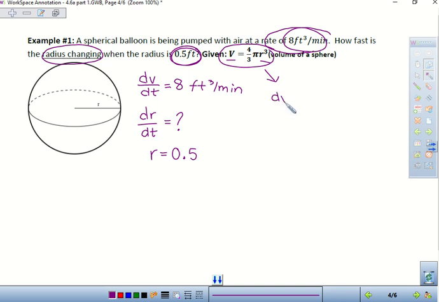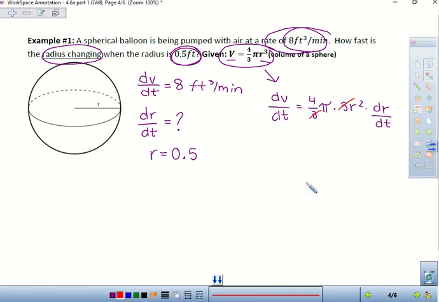So that's going to be dV/dt equals 4/3 pi times, what's the derivative of r cubed? 3r squared times dr over dt. What's going to happen with these 3's? They're going to cancel out. So we're left with dV/dt equals 4 pi r squared times dr/dt.